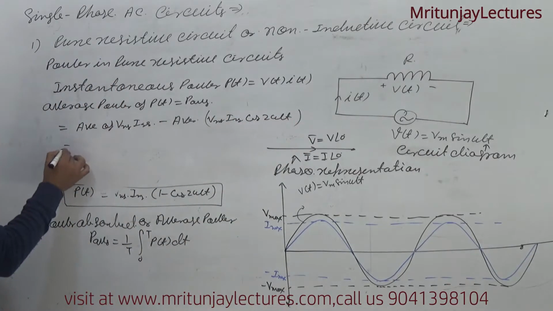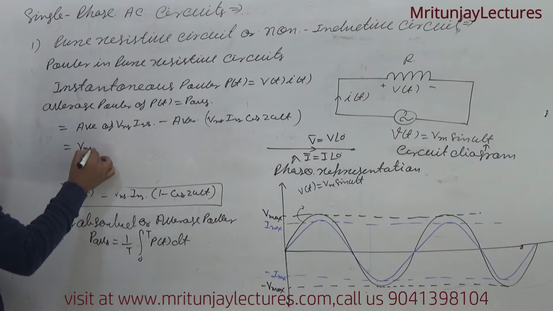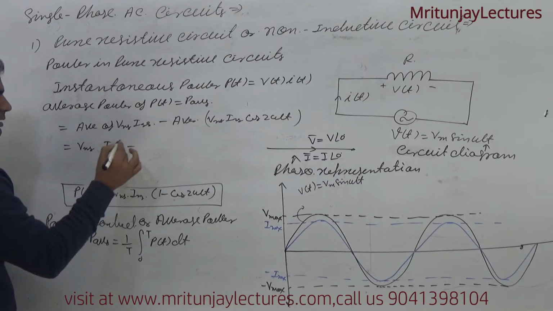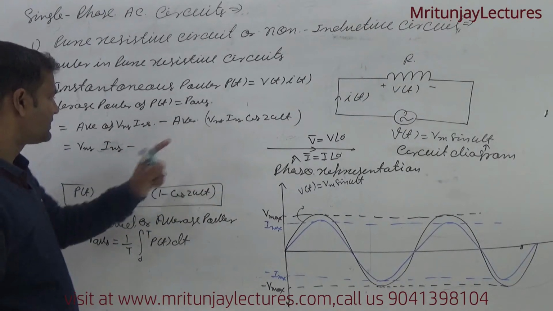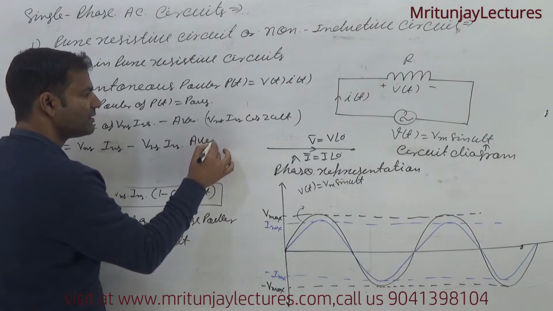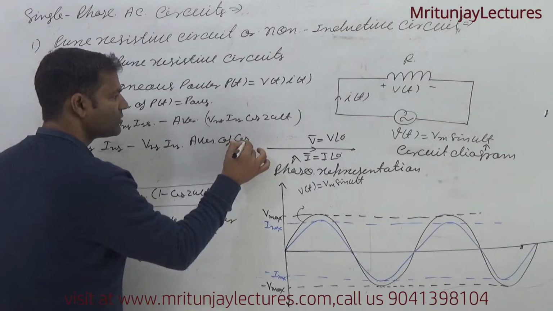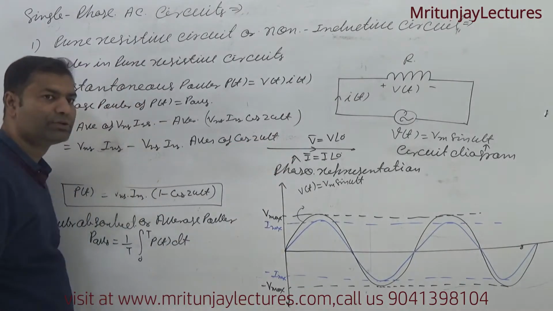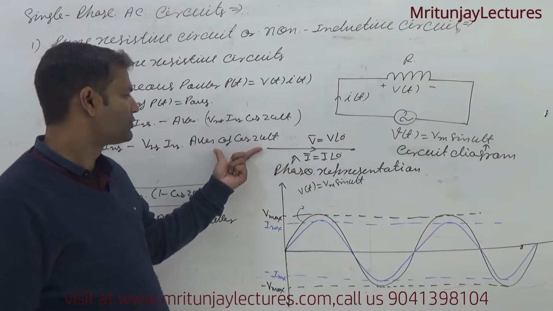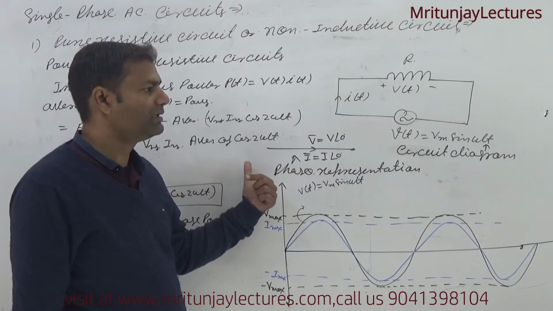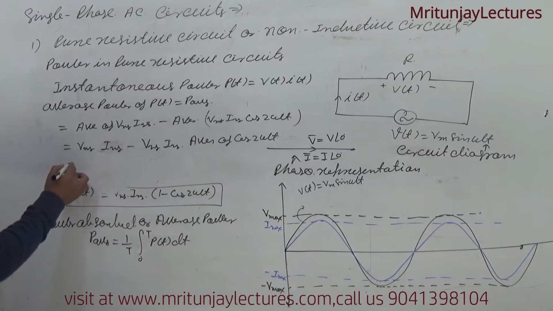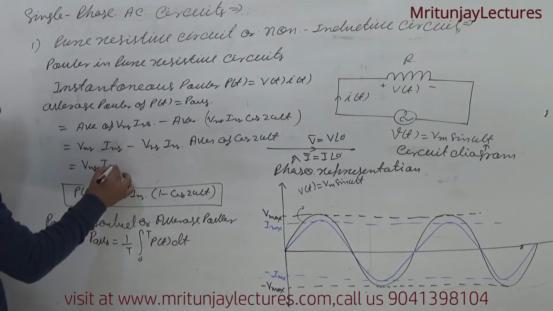Now this value stays the same because it is constant, Vrms into Irms, but the average of cos 2 omega t is 0. So if the average of cos 2 omega t is 0, then we get only Vrms into Irms.